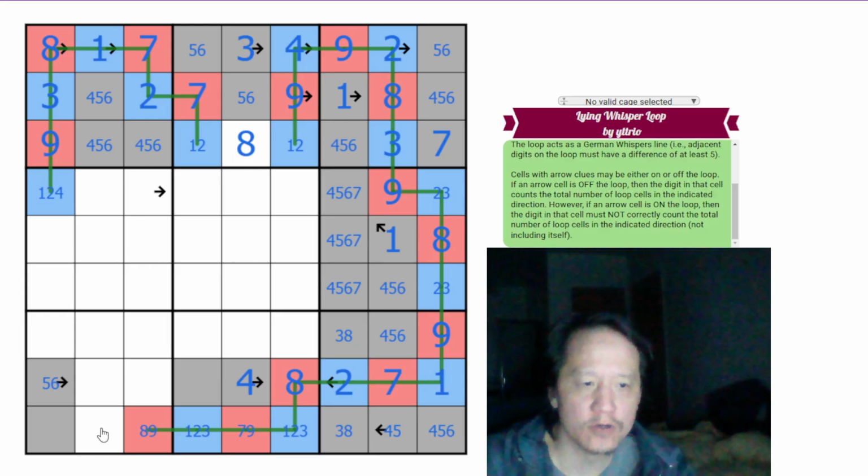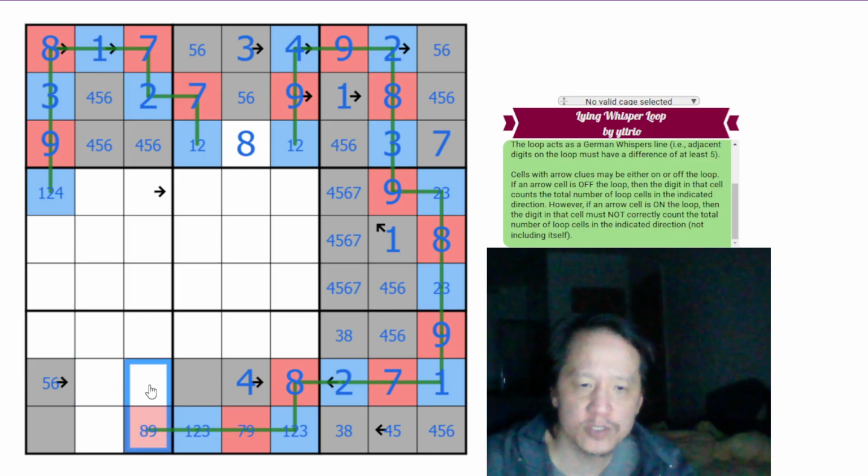If this is low, it's 1, 2, or 3 also, which would make that an 8. Interesting. If it goes up here, this is a 3. So if it goes up this way, this is a 3. It could be next to a 9. So that still could be 6.